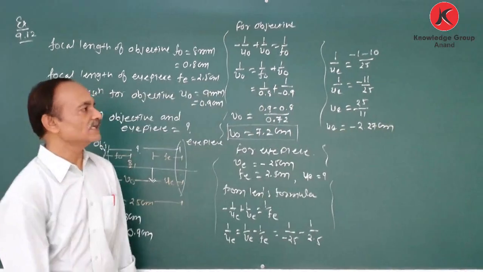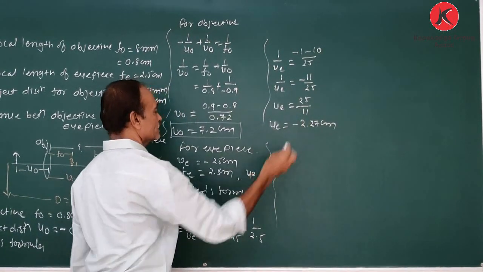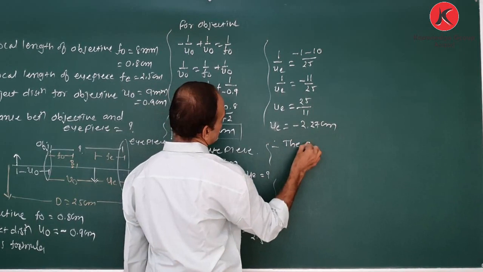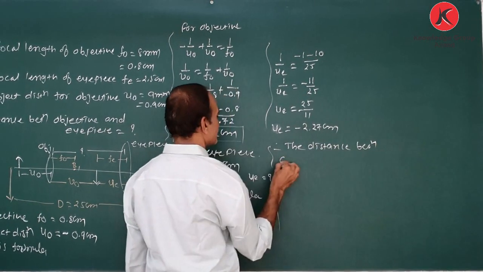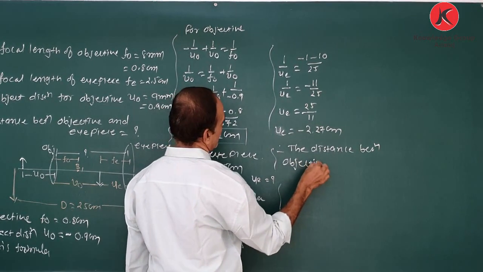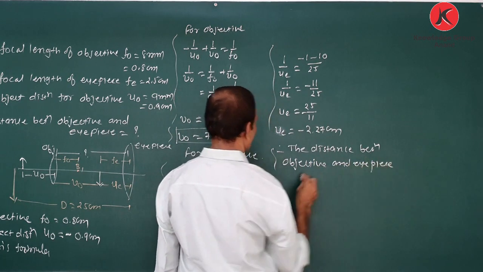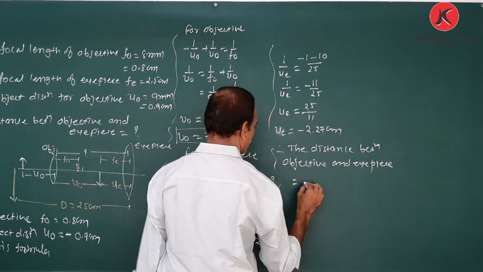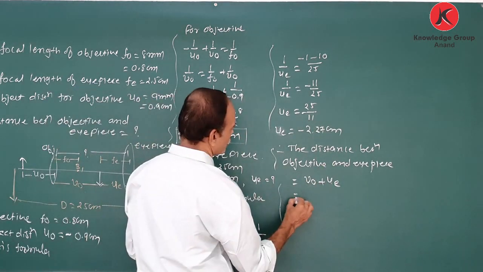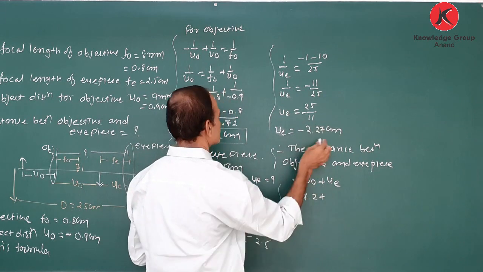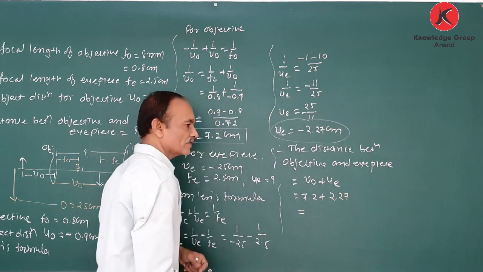Then UE is equal to 2.27 centimeter. Therefore, the distance between objective and eyepiece is equal to V0 plus UE. What is the V0? 7.2 plus this 2.27.